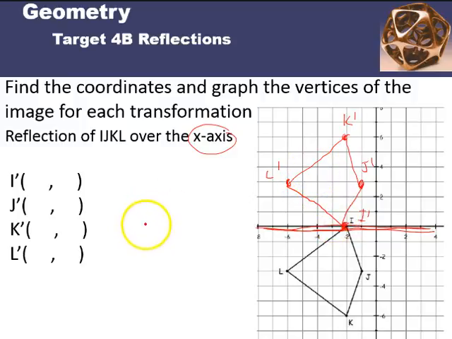Now I write the coordinates. I didn't move, it's still negative 2, 0. J is negative 1, positive 3. K is negative 2, positive 6. And L looks like negative 6, 3.